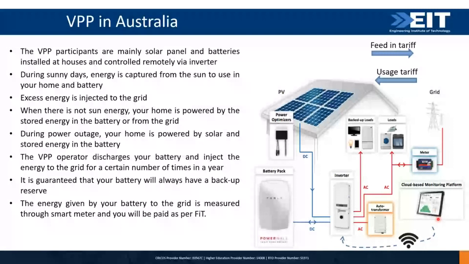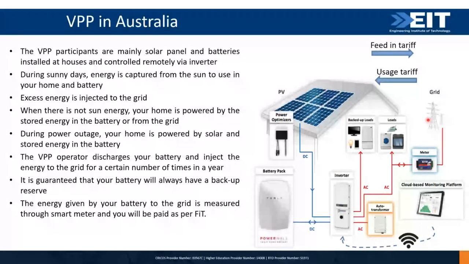Now, the VPP operator has the authority to send a command to this inverter to discharge the battery for a certain number of times in 1 year, for example, 30 times per year. And then the battery power is transferred to the grid.